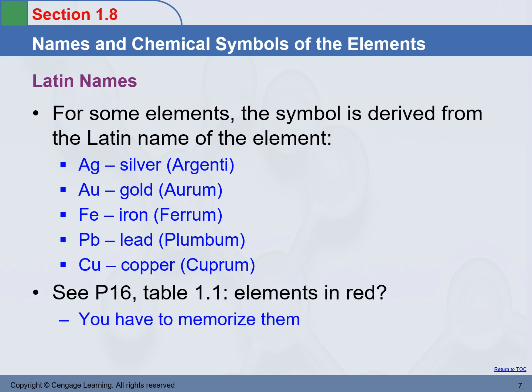If you look at your book on page 16, there's a table 1.1 where you have many elements listed with their names and symbols. Some of those names and symbols are printed in red. Those are elements you should memorize their names and symbols for this class.